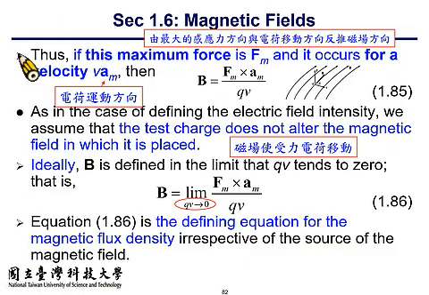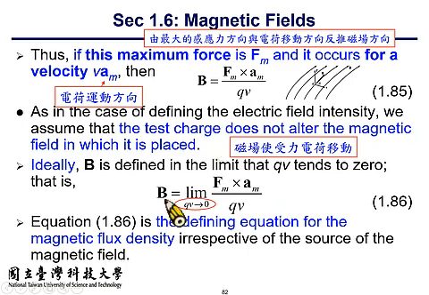So if the maximum force, say Fm, can be found, then you can find out B with this relationship, that is taking the cross product of Fm with Am, that is the direction of the moving charge, and dividing by QV to find out the magnetic field, the magnetic flux density.